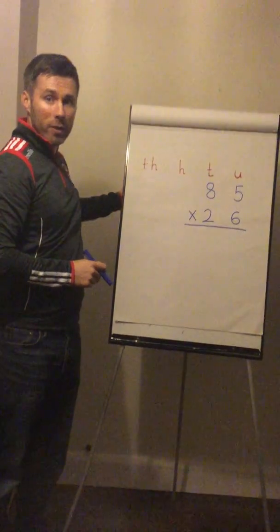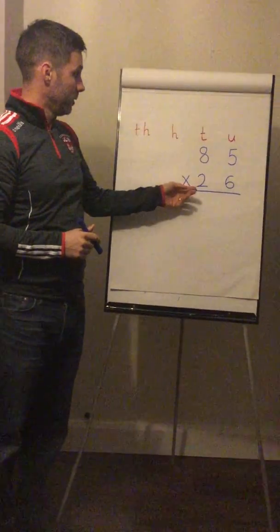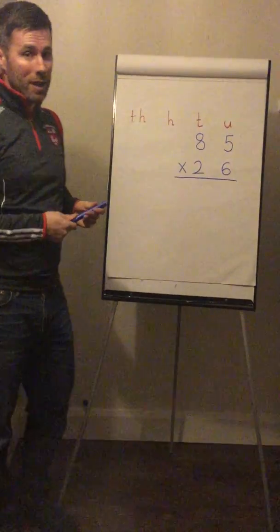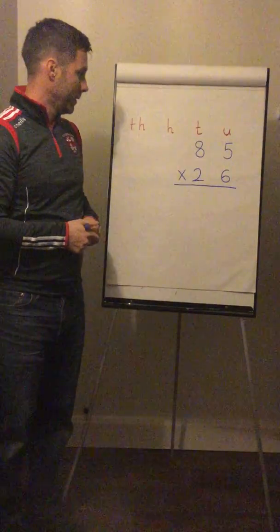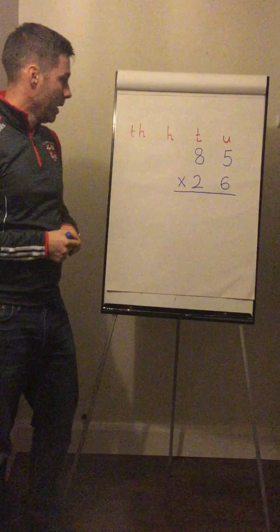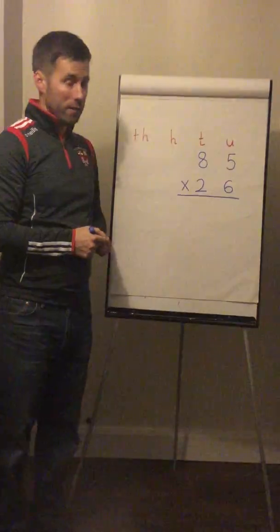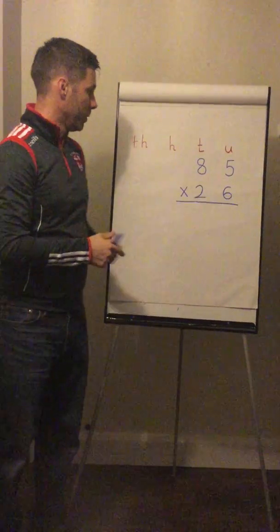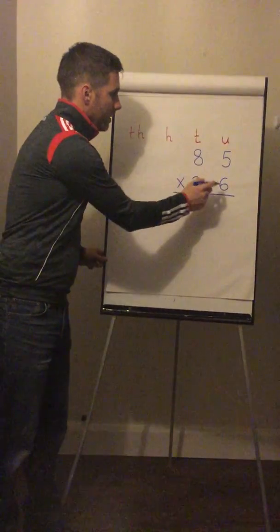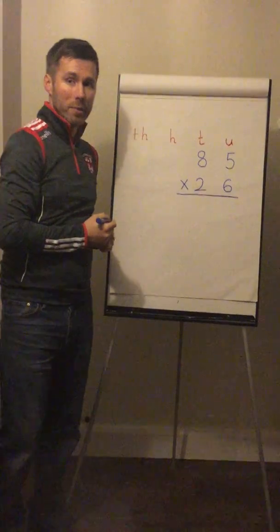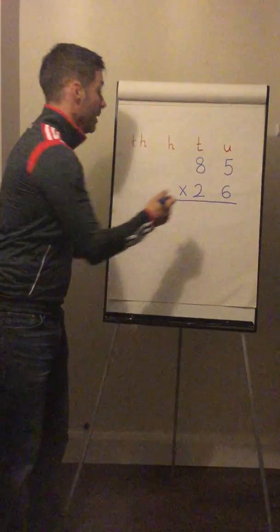I'll quickly run through a second example so you get the hang of it. Here again, I've got a 2-digit number multiplied by a 2-digit number, so it's long multiplication. It's 85 multiplied by 26. 26 is my multiplier. I must multiply 6 by 85 and then 20 by 85. So let's start with our smaller multiplier, the 6. 6 fives are 30. That's the same as 3 tens and 0 units.